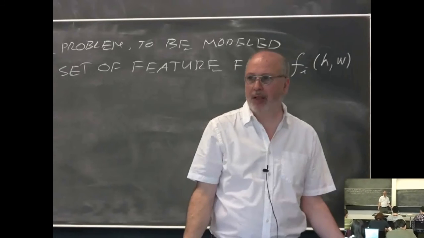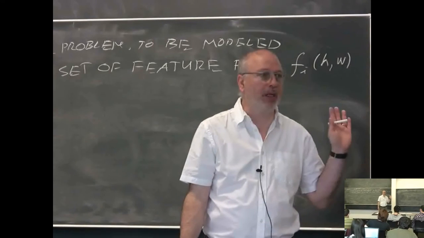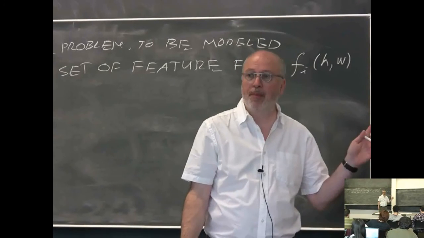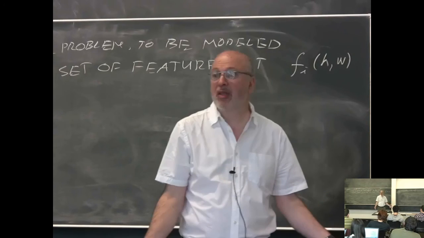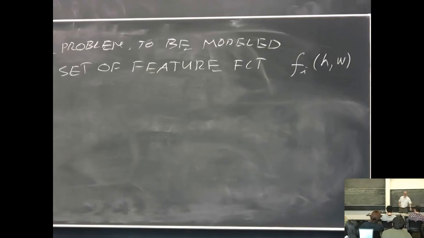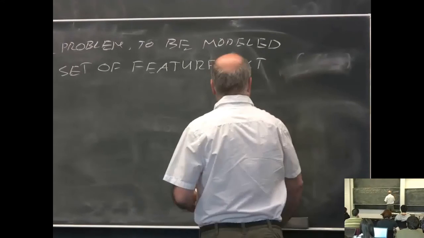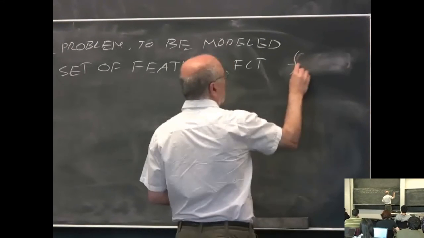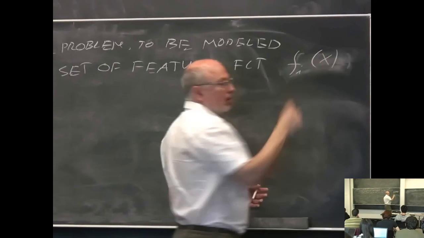But that's not essential. You can also use everything we said about exponential models and about conditional models to model non-conditional distributions. And in a sense, that's simpler. So let's, for a change, have the discussion today in terms of non-conditional models. So the feature is of the input, which is some x, any kind of input.